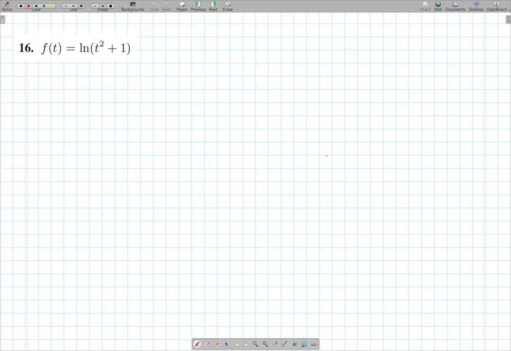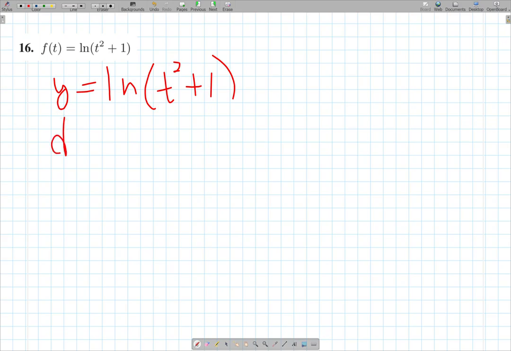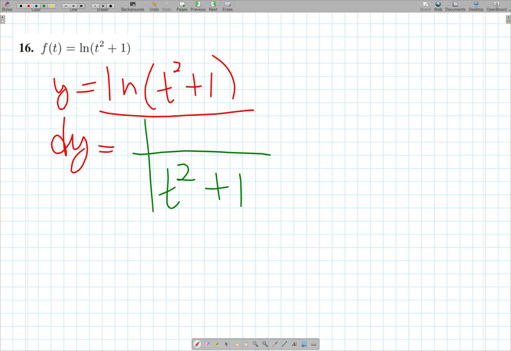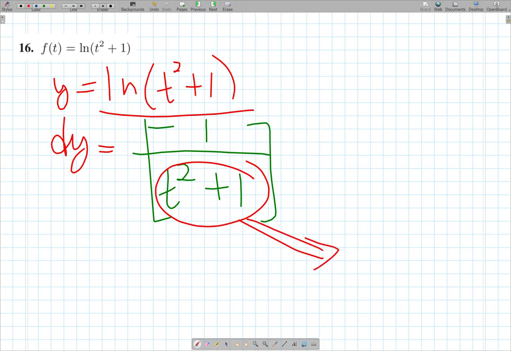Next, we have f of t equals ln of t squared plus 1. We change this f of t into y: y equals ln of t squared plus 1. The derivative of y is dy. Since it is ln, we copy t squared plus 1 under a bar, with 1 on top. Next, we have to derive this one. The derivative of t squared is 2t, because 2 minus 1 is 1.